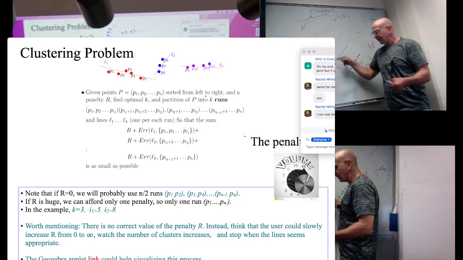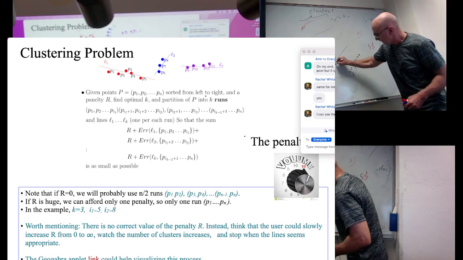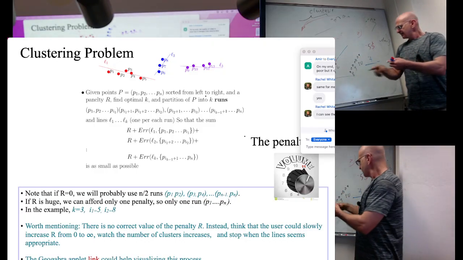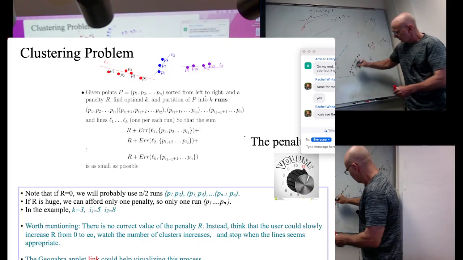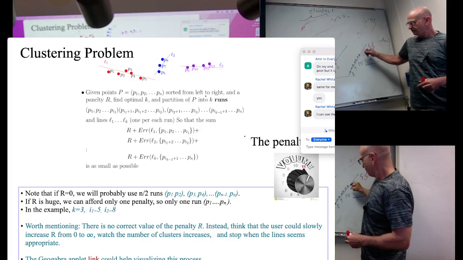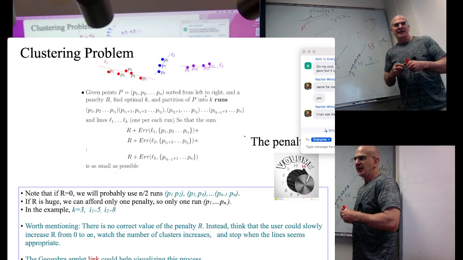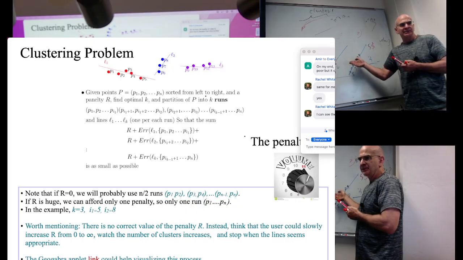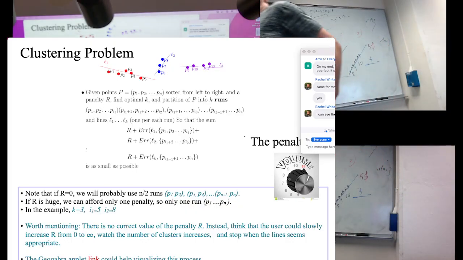And what will be the error that you're paying for this one? It's the sum of the lengths of all these red segments, how well it fits. And similarly, the next one, I guess if I picked R correctly, will fit all these points, and I'll pay all these distances. And that's the reasonable answer that I'll get if I pick R properly. But only by eye I can decide, hey, this is the R that I want or not.